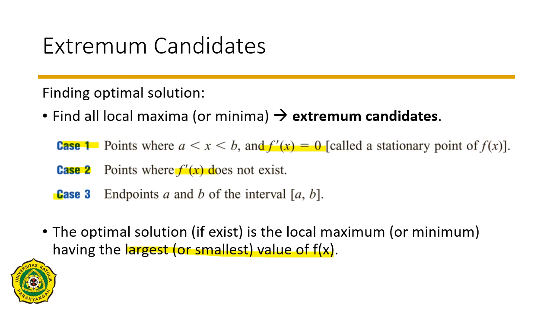And the third case is to check the endpoints of the interval a, b. So we check a, and we check b. By checking these three cases, we obtain the candidates, and finally we check among all those candidates which one gives the best value. Best means largest for maximization and smallest for minimization.